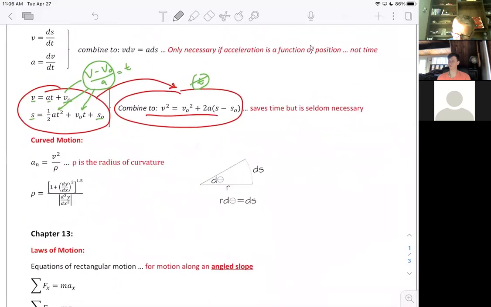Position S would be equal to 1/2 times acceleration times our new value for t, which is these initial velocities subtracted, and that's squared because t is squared, and then plus initial velocity times time. But again, time is replaced with our new equation for time, plus our initial position.